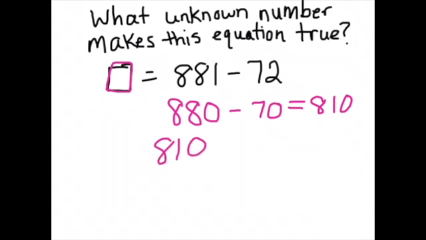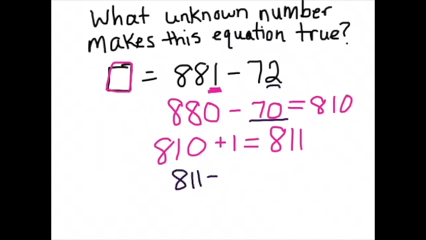With this 810, I need to remember I need to add back my 1 because we had 881, now 880, and I would get 811. Remember, we took away 70 right here, so how many more do I have to take away? I need to take away those last 2, so 2 more.